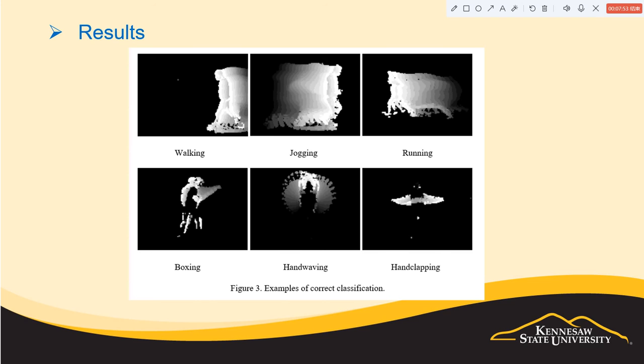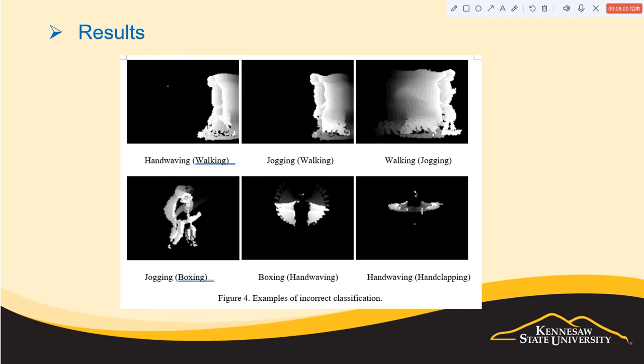Figure 3 shows some examples of correct classification, and Figure 4 shows examples of incorrect classification. So for the first image, it should be the walking action, and the KNN result is hand waving.